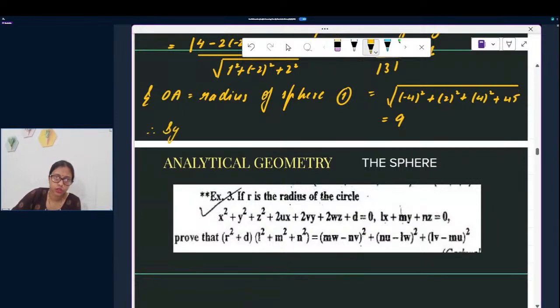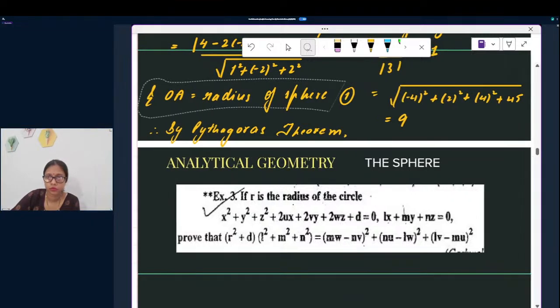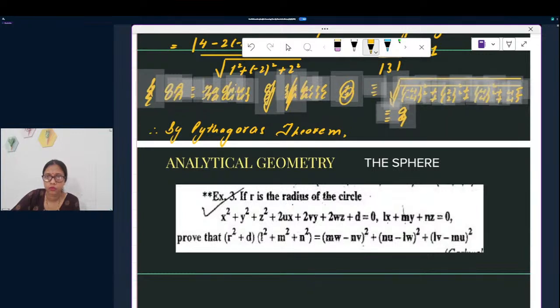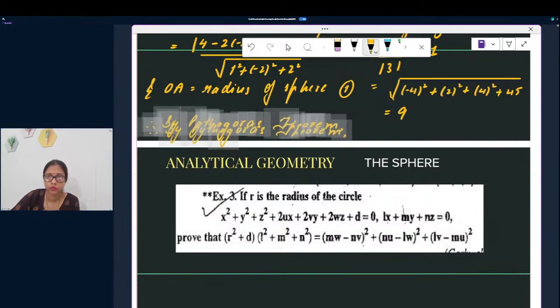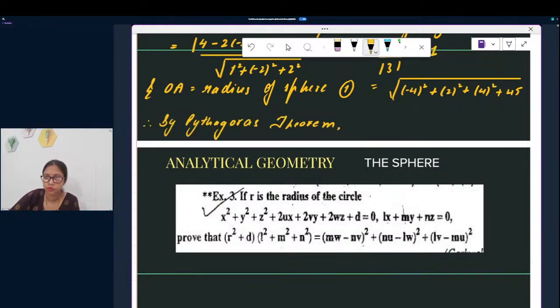Therefore, by Pythagoras theorem, it is 5 into 2, 2, 5. 4 root 5, yes, 4 root 5.